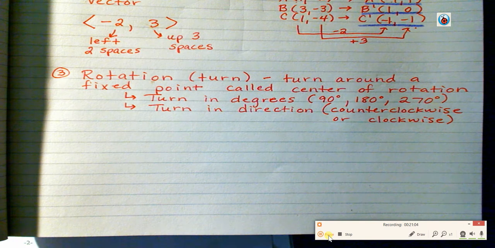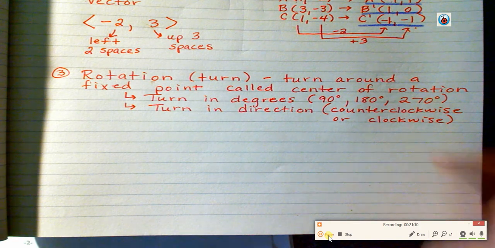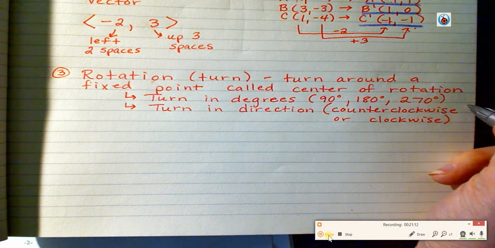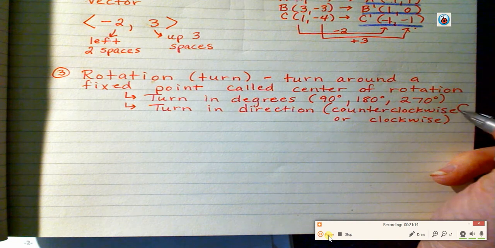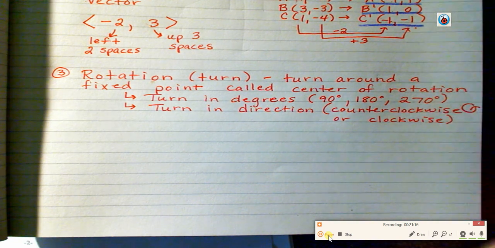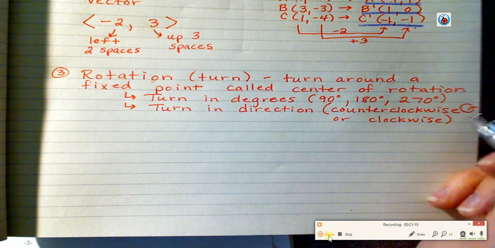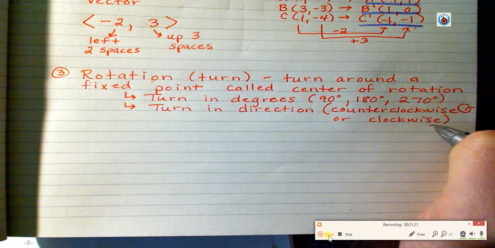So if you turn counterclockwise, you're going the opposite direction of a clock, so the opposite direction of the second hand on a clock. So you're going to be taking your direction and turning it this way. If you go clockwise, you do go in the direction of a clock, just like the second hand. And you're going to be turning that way.